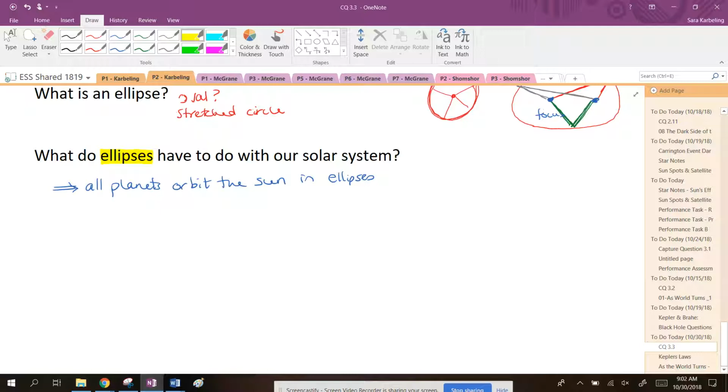Kepler, who, Liz, do you think that Kepler may have done away with? What was his name? Brahe. So Jacob's like, oh yeah, we talked about that Brahe guy earlier, right? He's the one with the metal nose, right?